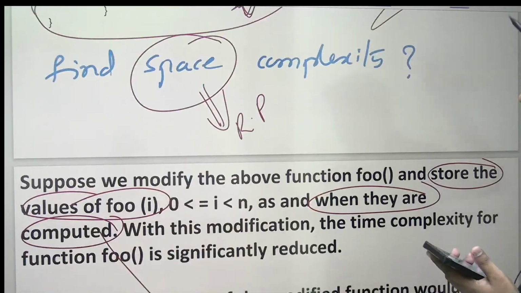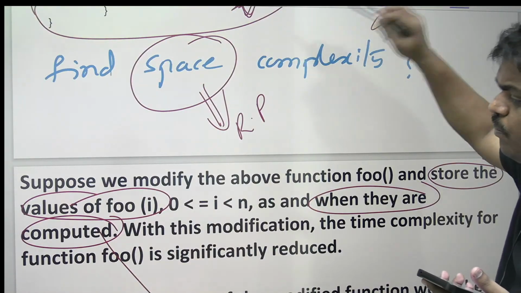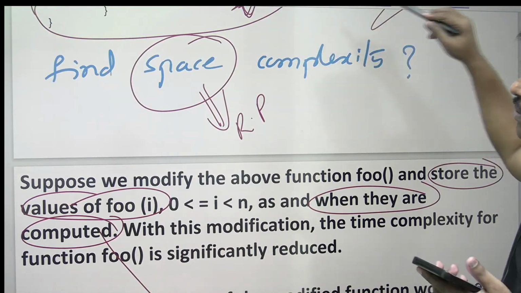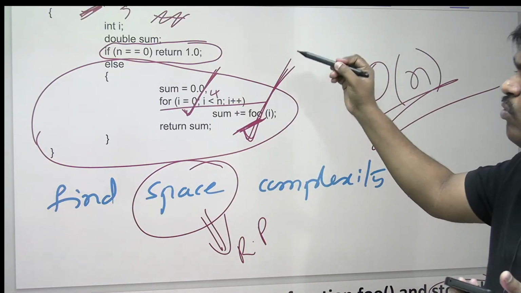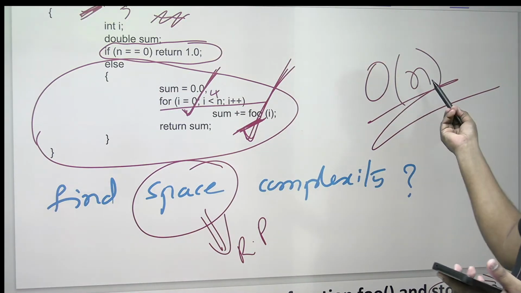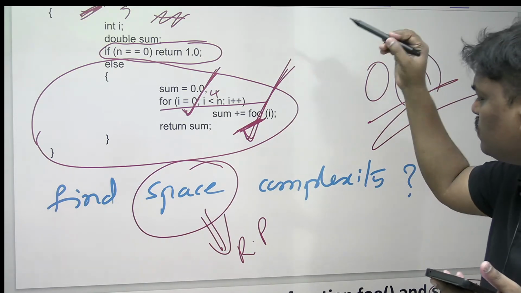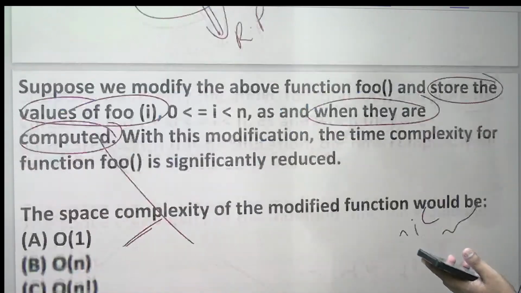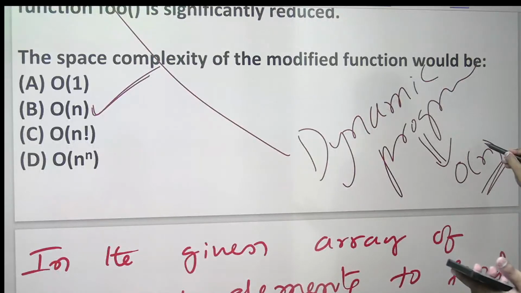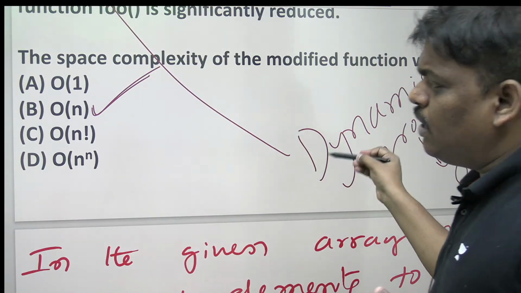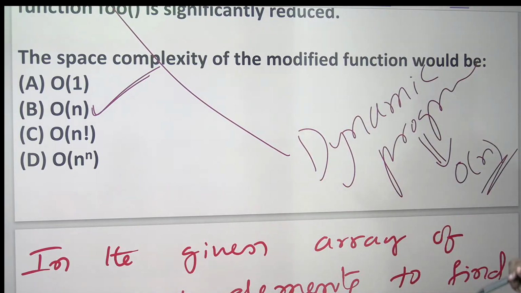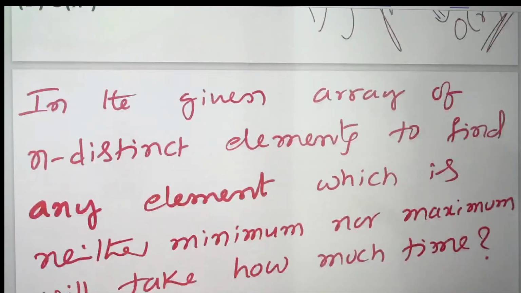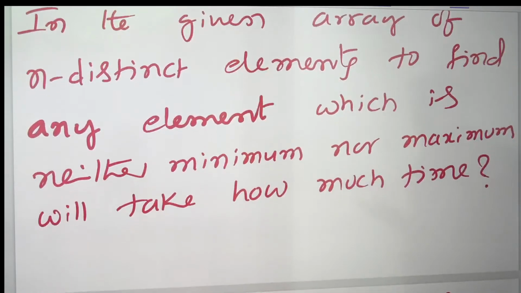What he is saying is, in this problem, as soon as you compute, you store in the table, meaning using dynamic programming. The answer is n for the first, and using dynamic programming, then also n. How? It is very difficult to explain. It requires a 5-hour class. Fine. Let's go to the next problem.